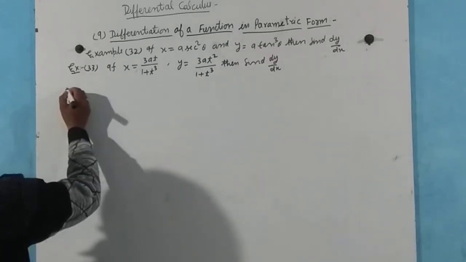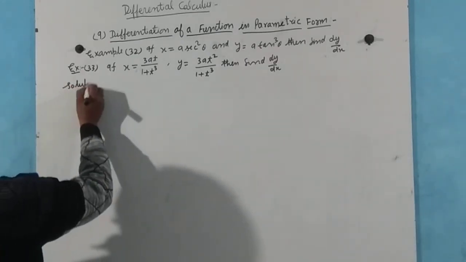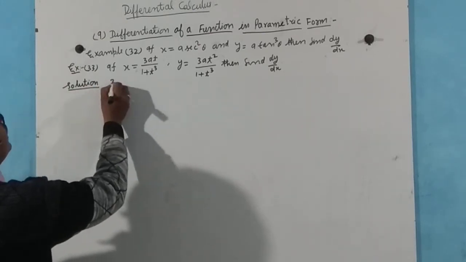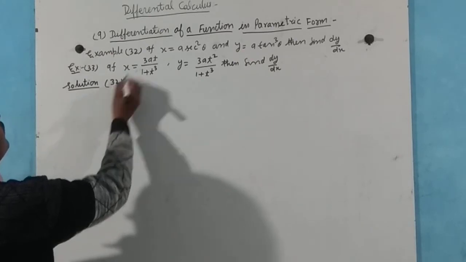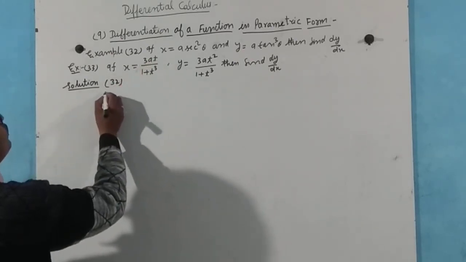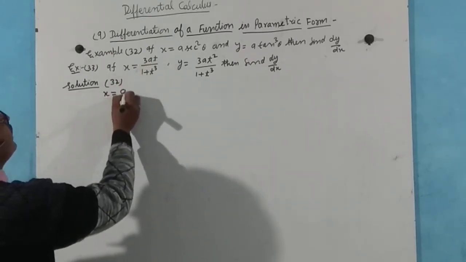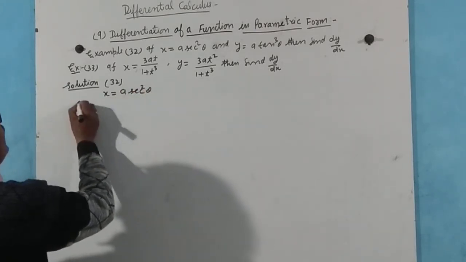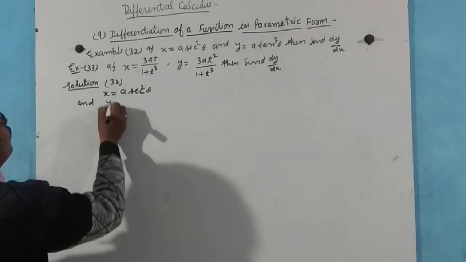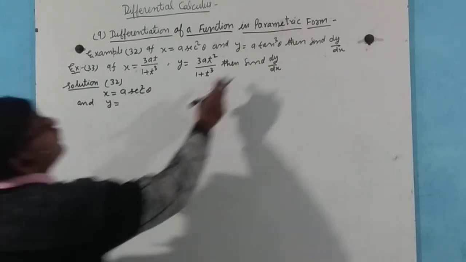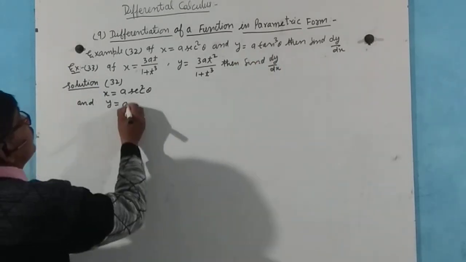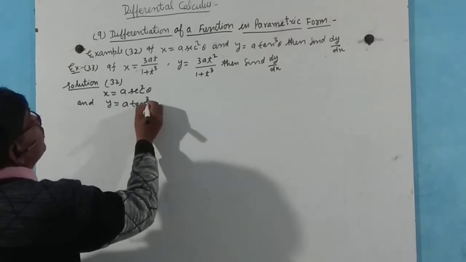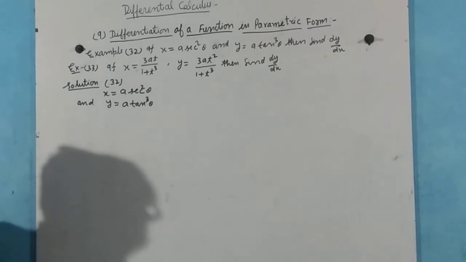Now the solution of example 32: x equals a sec squared theta and y equals a tan cubed theta.